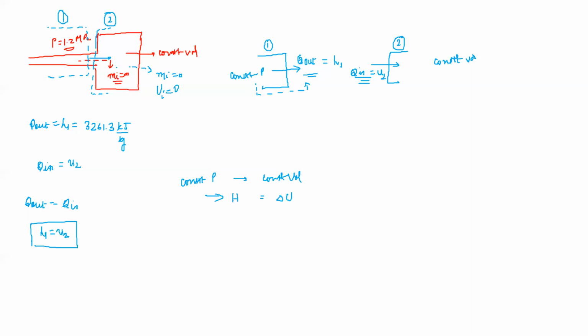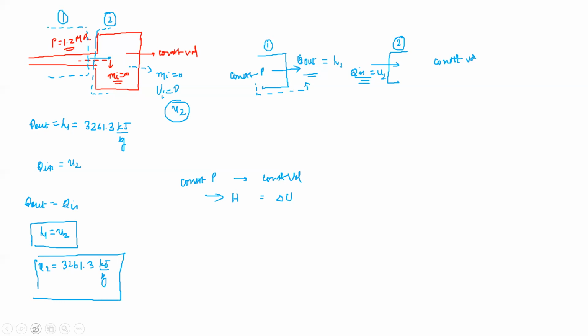But finally, since there is some mass, which we are not interested in for now, it has some internal energy, and that internal energy divided by that mass gives you U2. So H1 is equal to U2, and U2 is equal to 3261.3 kilojoule per kg. Keep this in mind.